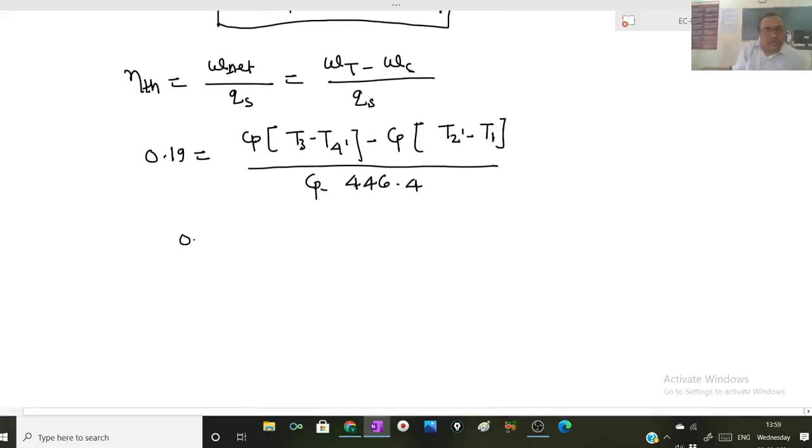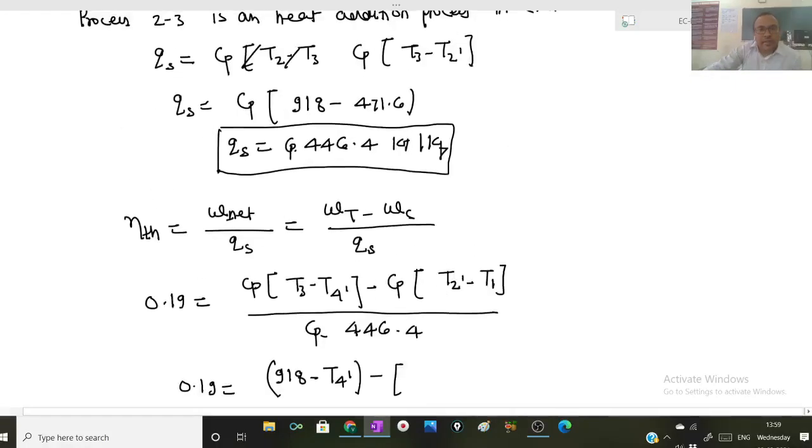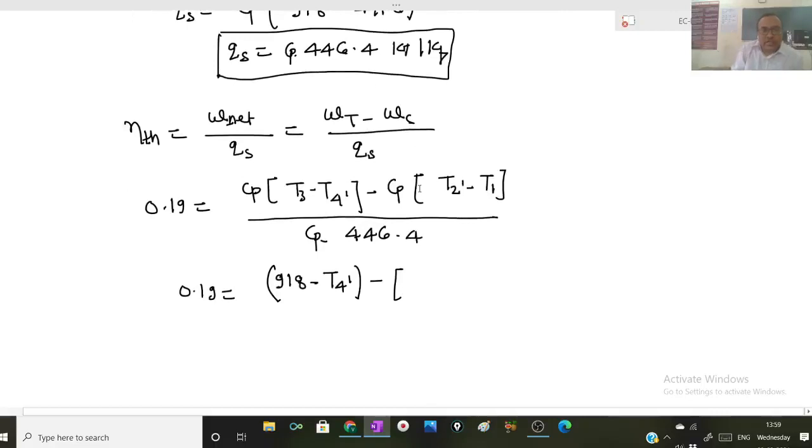Now 0.19 is equal to T3 is 918 minus T4 dash, which I have to calculate, minus T2 dash, which is 471.6, minus 291, divided by 446.4.